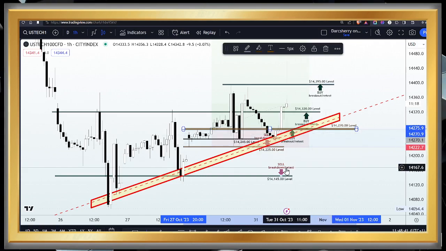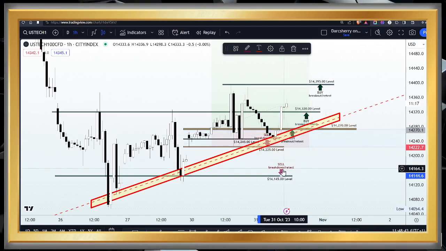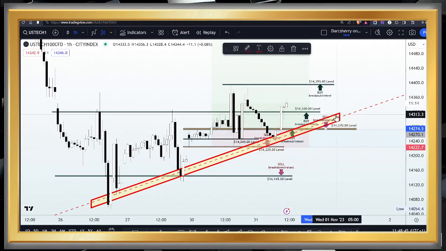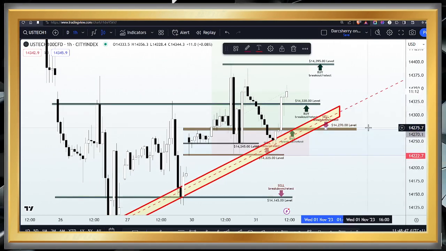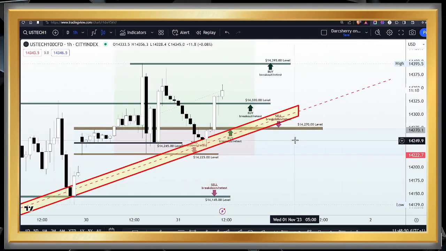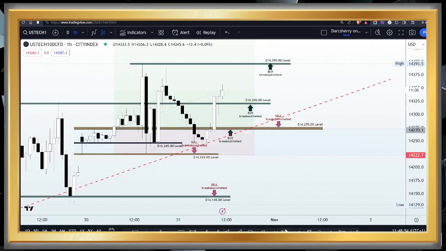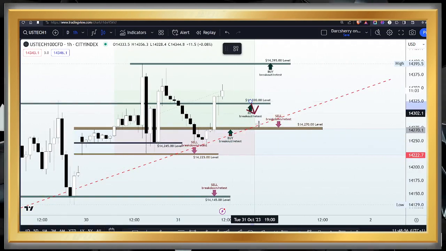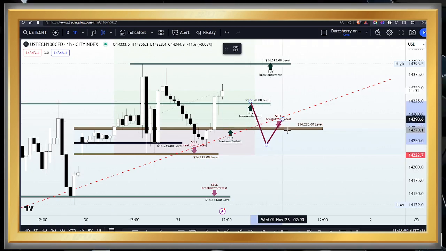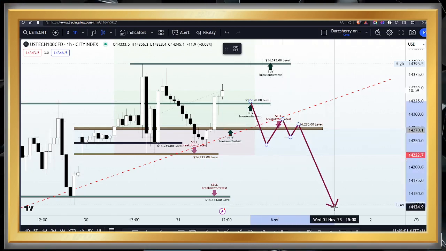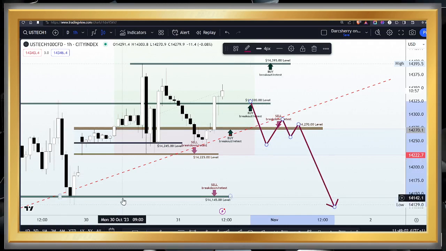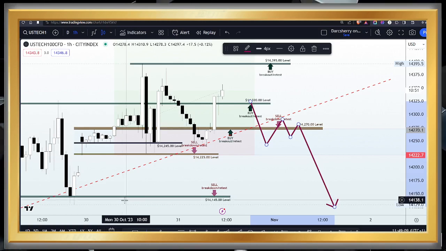So if price breaks down both the ascending trend line and the 14,270, then we want to start considering selling. Now remember that we are not going to be jumping to conclusions, as we want to see price break down and retest the structure to give us confirmation to join the decline to the downside. So this is the only condition at this point in time that will make us consider selling.